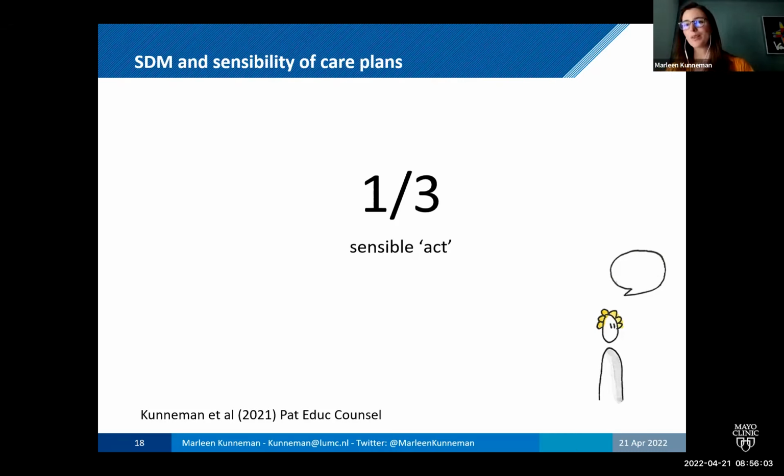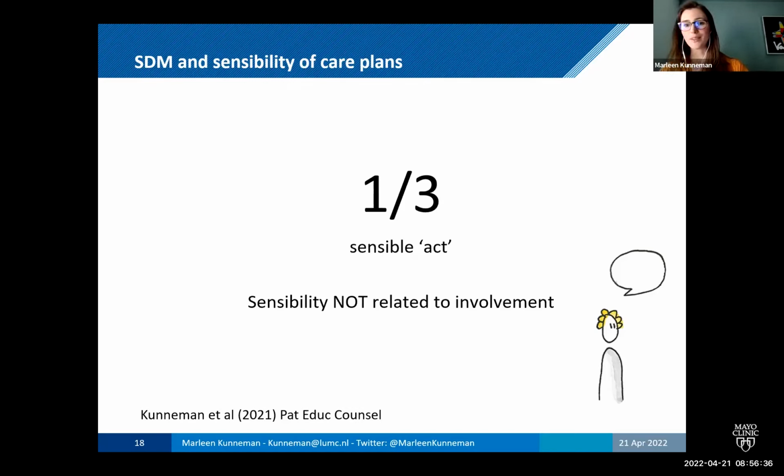And we found that 1/3 of the patients indicated that decisions were sensible based on the act of working together. So they were not talking about what matters to them, about who they are, about their goals or their purposes, about characteristics of the treatments. But the argument why this treatment makes sense is because I collaborated with my clinician.